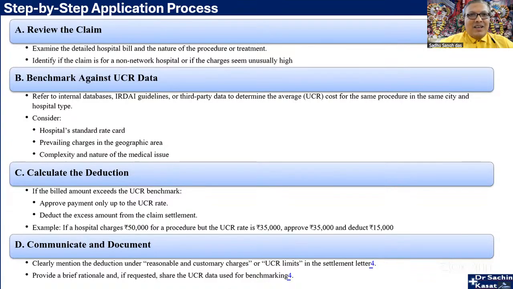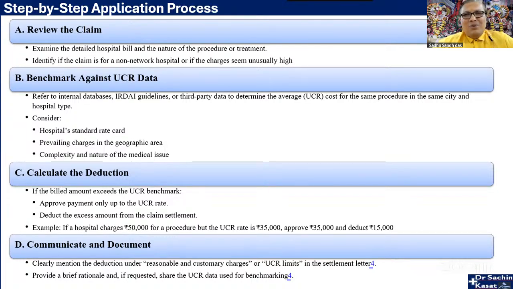We review the claim, we review the detailed hospital bill, we analyze the nature of the procedure or treatment, and we understand the clinical condition of the patient, how much the patient has been having an issue. So we arrive at a patient scenario in our mind, considering the clinical status.